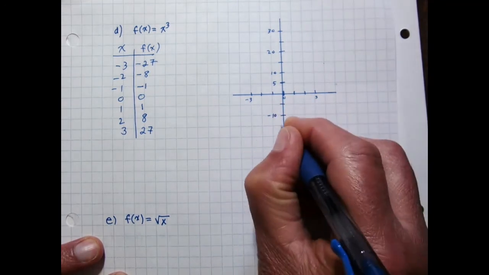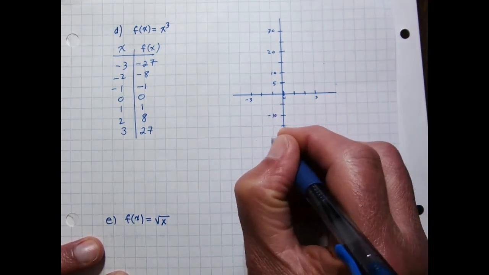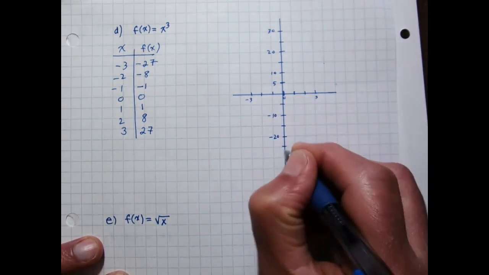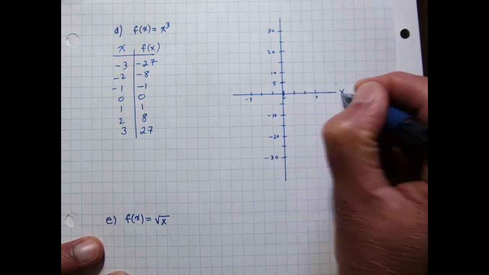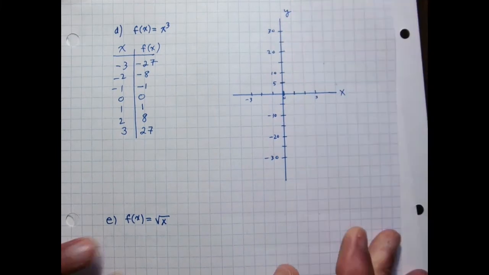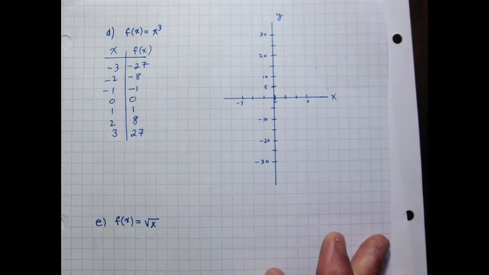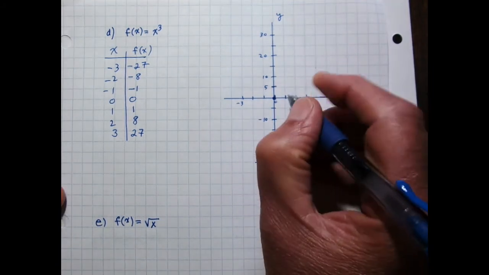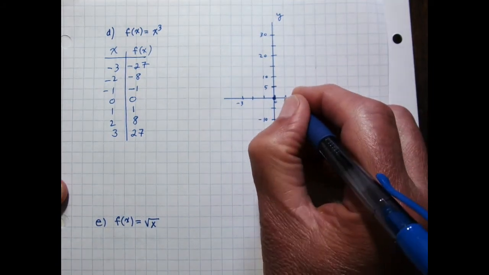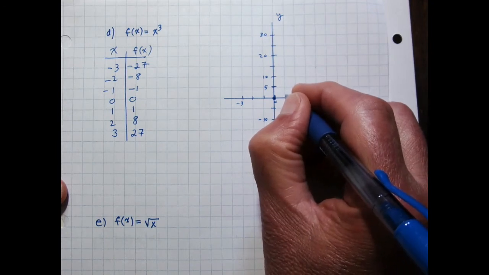So as long as you're consistent, that's fine. You don't need to use the same scale on the horizontal and vertical axis, which you can see I'm not doing here. And now I'm going to plot my points. I get 0, 0. Now 1, 1 becomes a little bit difficult to plot on this scale, right?